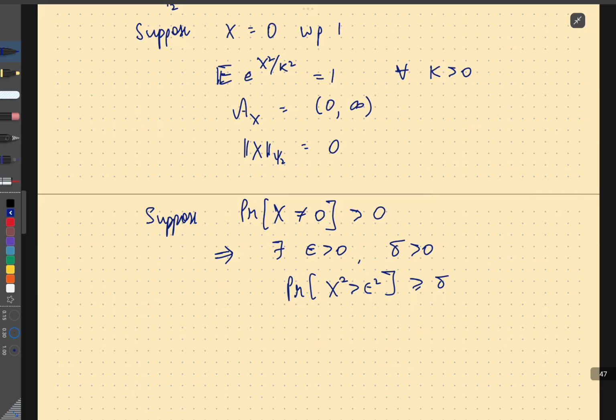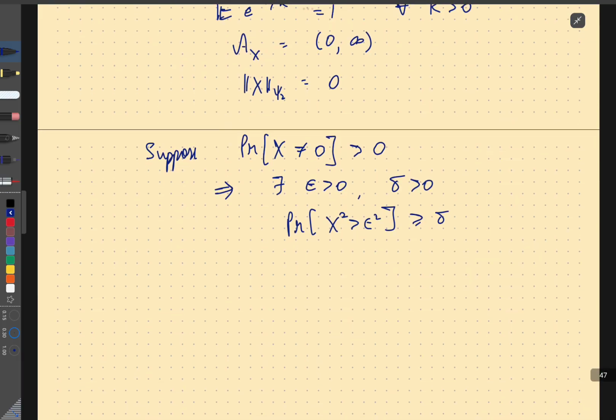I'm looking at a very small neighborhood of 0. And if the probability that x not equal to 0 is positive, then there should be some non-trivial probability, delta probability, in the region outside minus epsilon to plus epsilon.